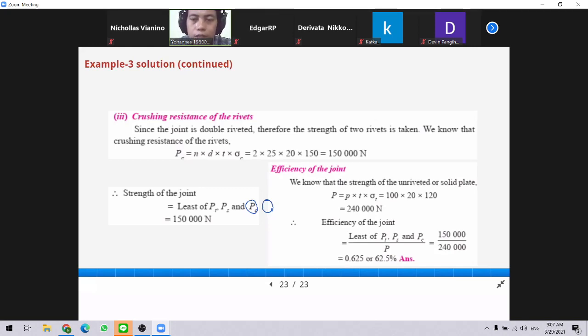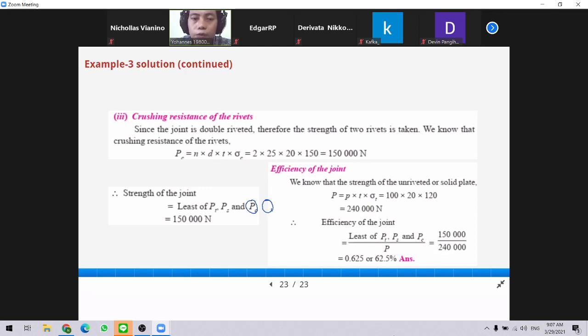Now we can obtain the crushing resistance, which is 150 kilonewton. So which one is the minimum? It will be the crushing resistance, that is 150 kilonewton. So this strength will determine the overall strength of the joint.